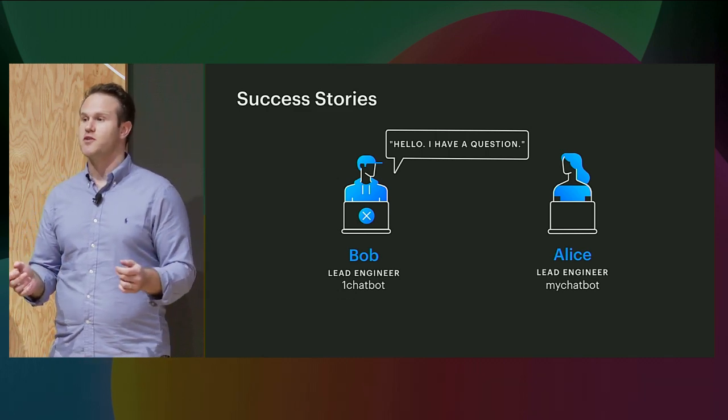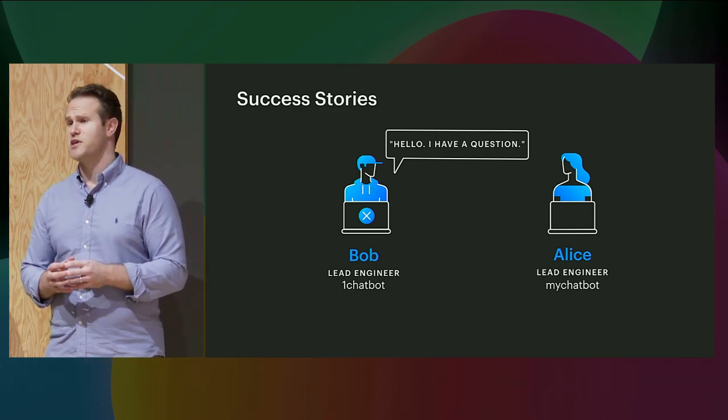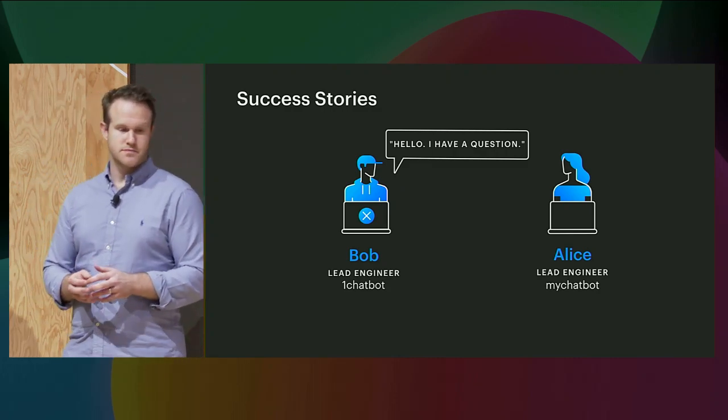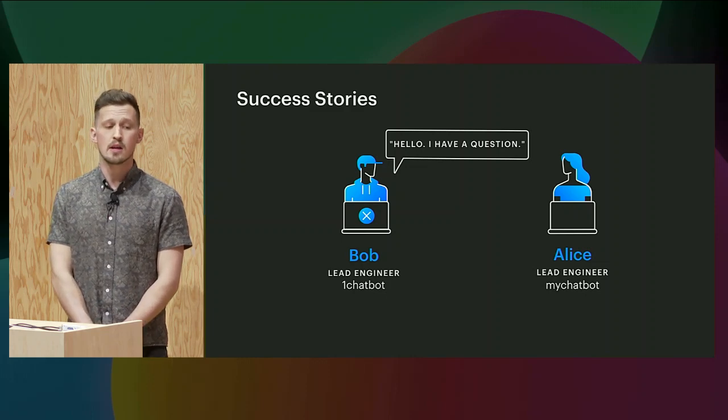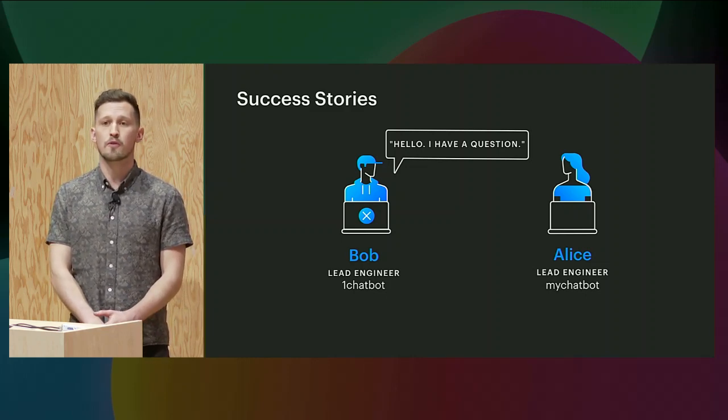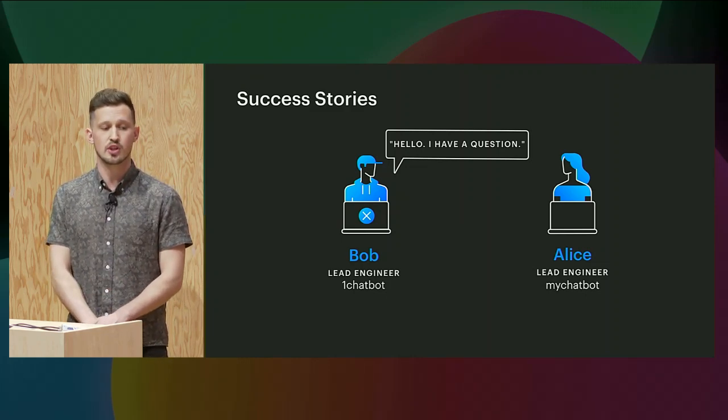Bob turns to the Facebook developer community, and he asks his question there. Luckily, Alice, who is a senior developer at My Chatbot, has subscribed to the Messenger category. This means she has opted in to receive notifications for new questions in the Messenger topic.